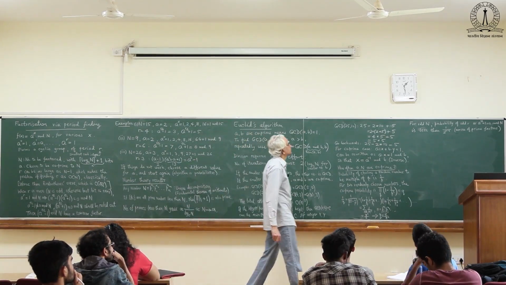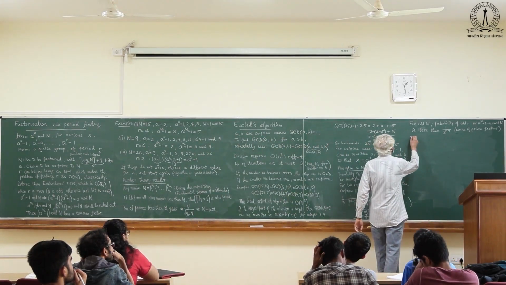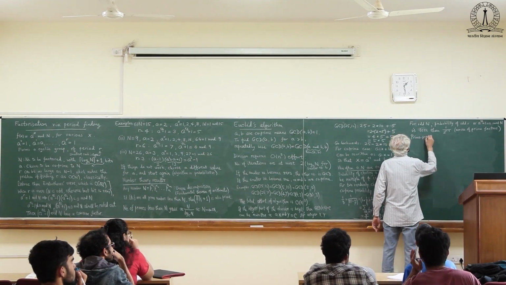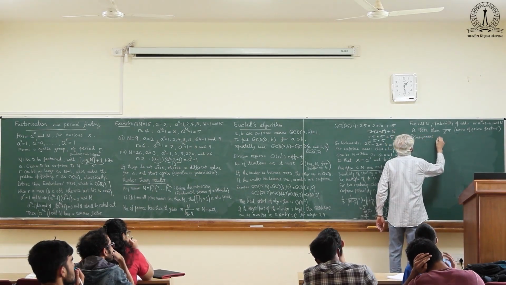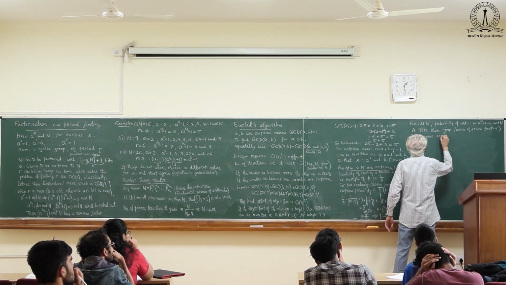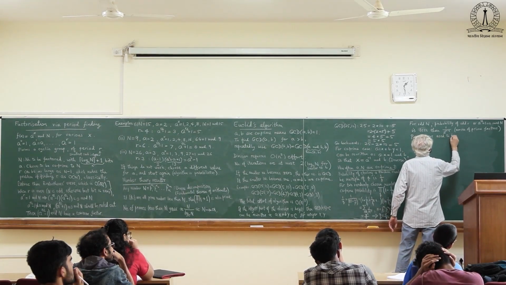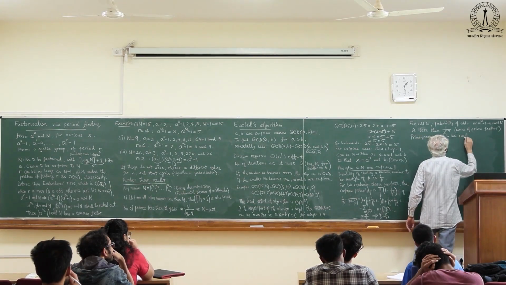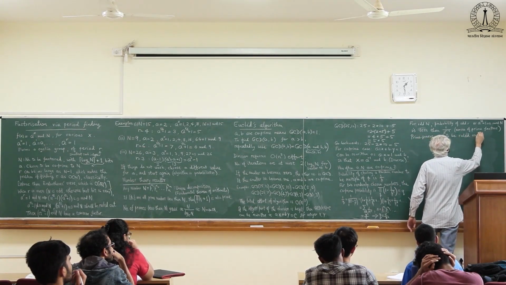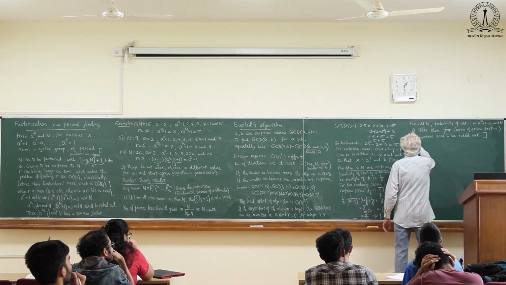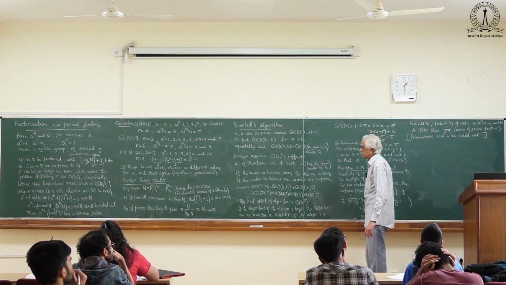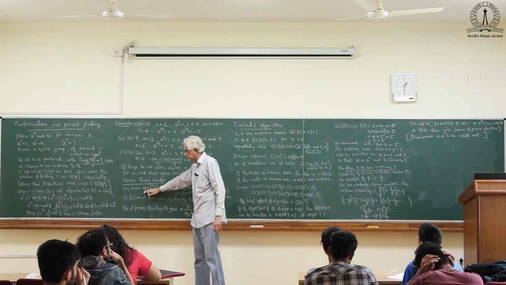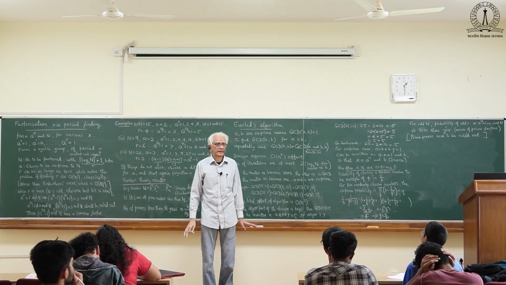So what are called prime powers, if you want to use this algorithm, then you have to make sure that the number is not a power of a prime number.